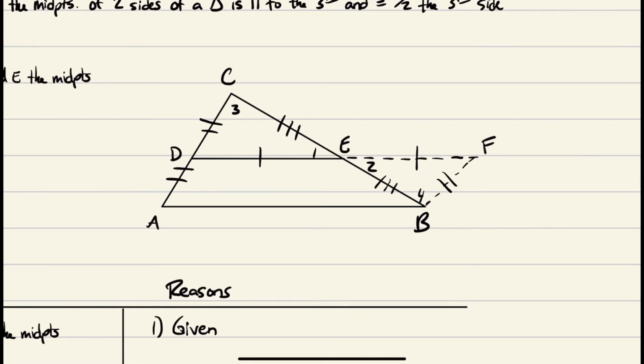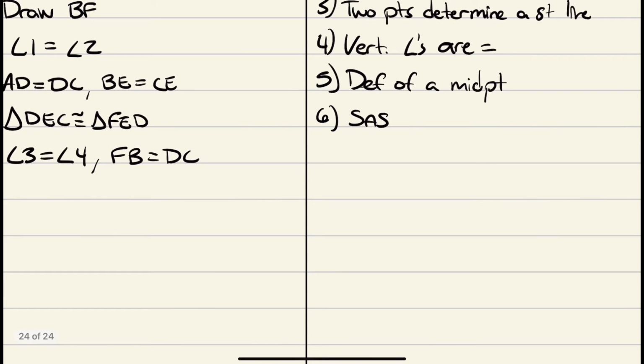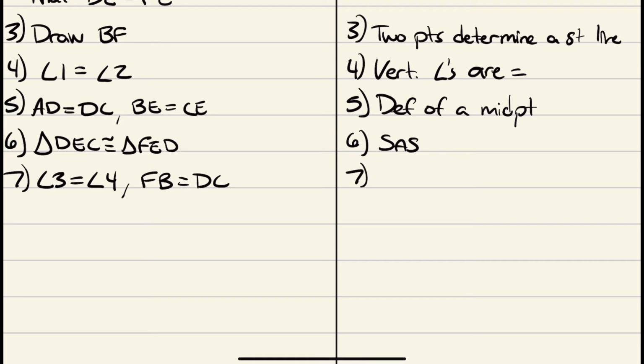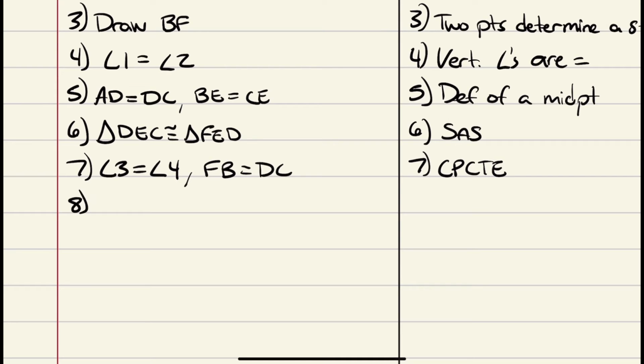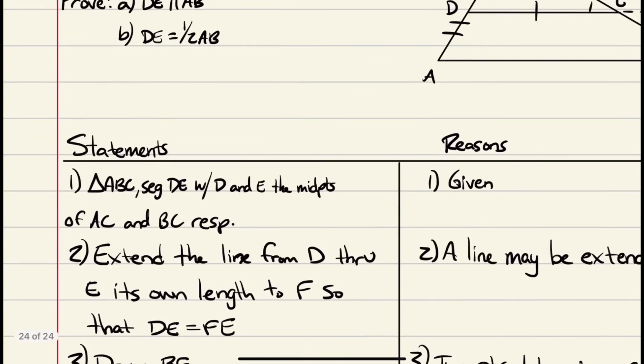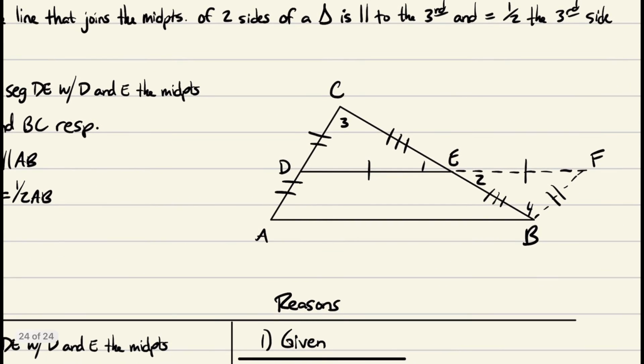I said those angles and sides are equal to each other because we just proved that these two triangles are congruent. Because they're corresponding parts, we can state that they are equal to each other. Corresponding parts of congruent triangles are equal. Number 8, we can now say that BF is parallel to AC. Let's look at these sides. BF is parallel to AC.